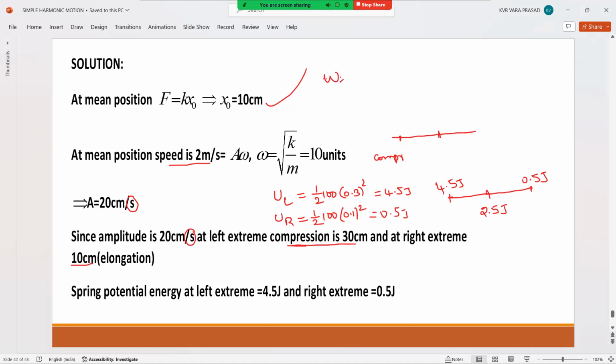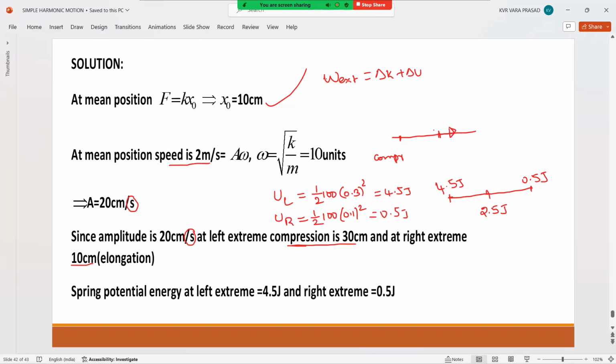Work done by external force is equal to delta K plus delta U, right? Here applied force becomes external force. When block is moving right side by applied force, work done is negative.